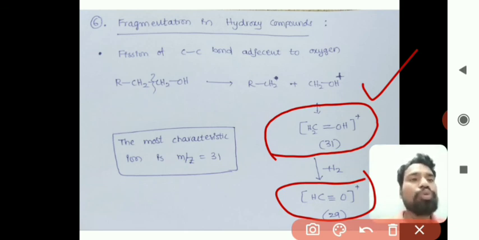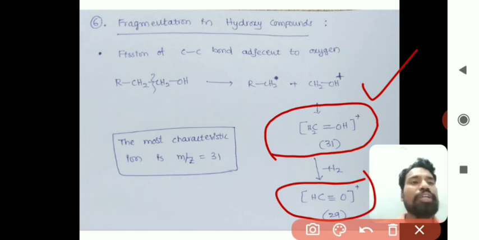So these two peaks, 31 and 29, are the characteristic peaks in the mass spectra of all hydroxy compounds. Whenever we observe a mass spectrum with peaks at 31 and 29, we automatically get an idea that this spectrum may correspond to an alcohol.